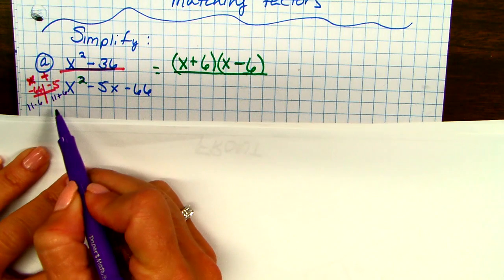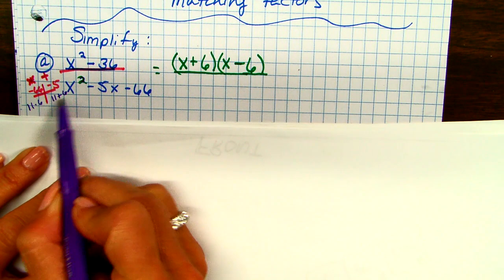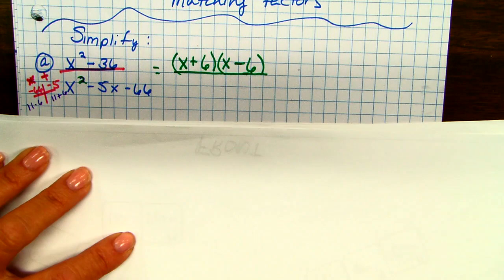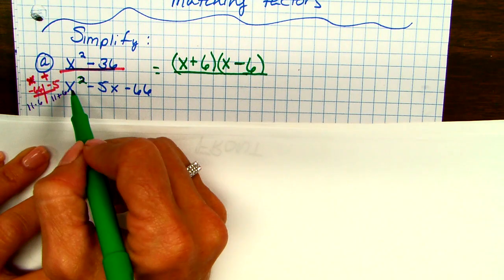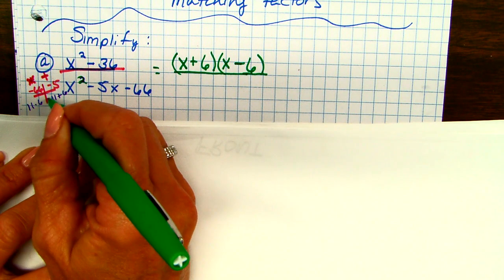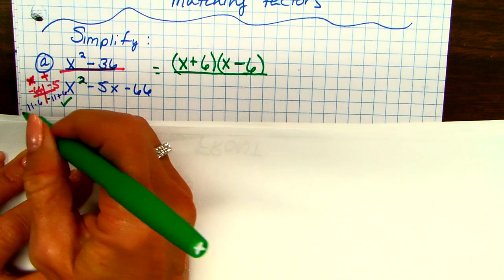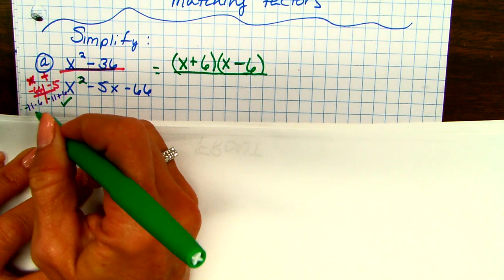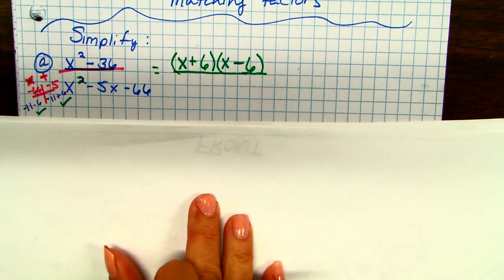Now we know that's not the final answer, right? We need to get a negative 5 over here. So one of these numbers, 11 or 6, has to be negative to get a negative 5. Which one? 11. So negative 11 plus 6 is negative 5, yay. Make sure it's the same over here. Negative 11 times 6 is negative 66. Sorry, it's so small, I'm kind of squeezing in there.